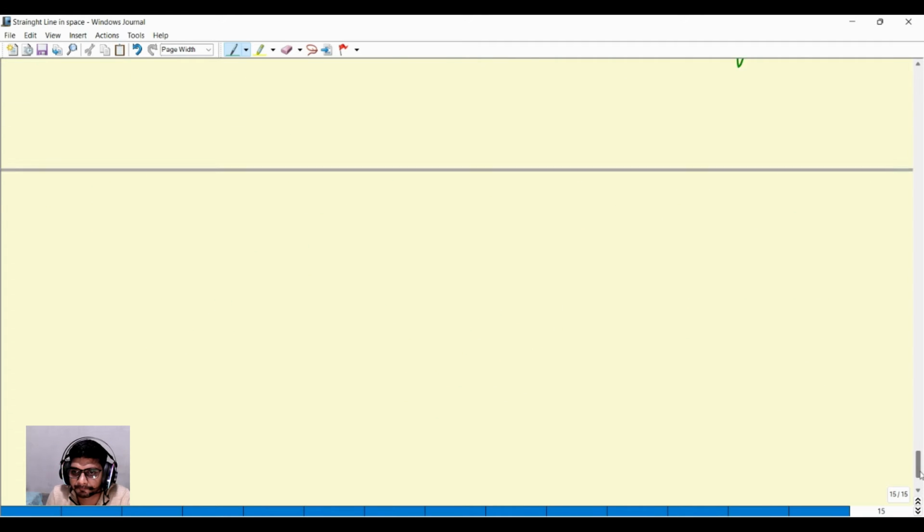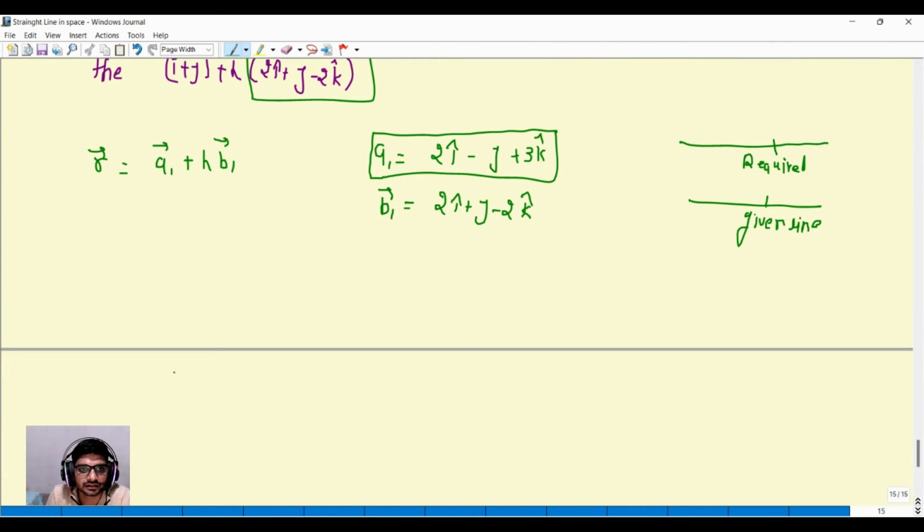Then the required equation of the line, putting the values of a and b in this, is 2i minus j plus 3k, plus mu times (2i plus j minus 2k).